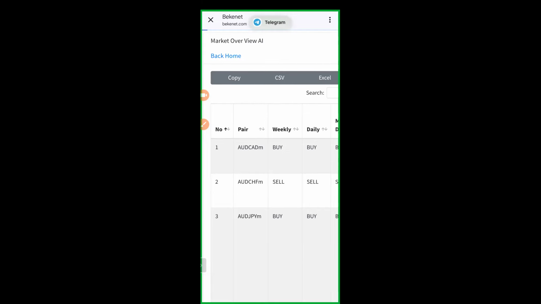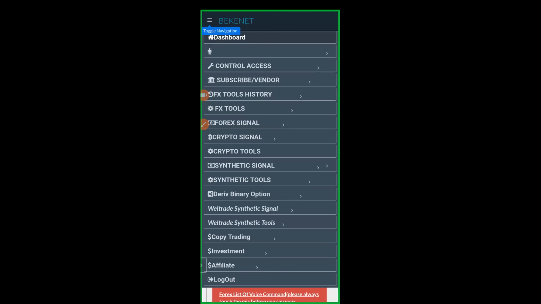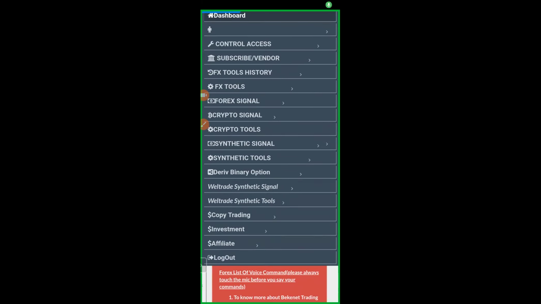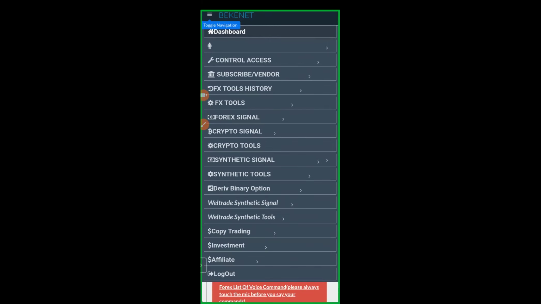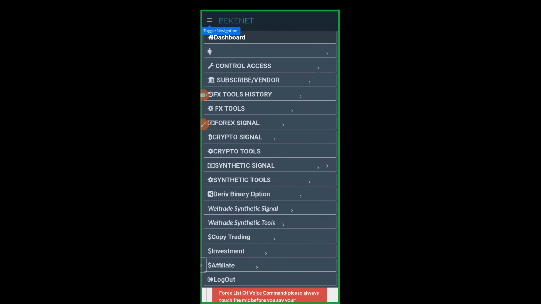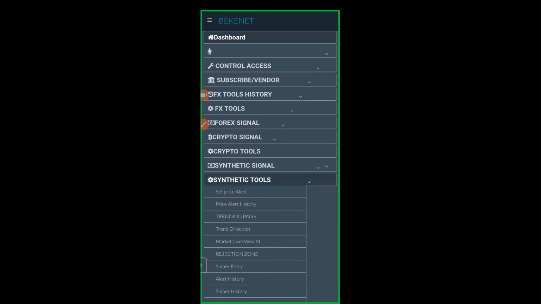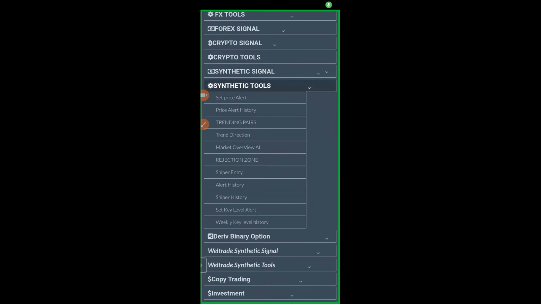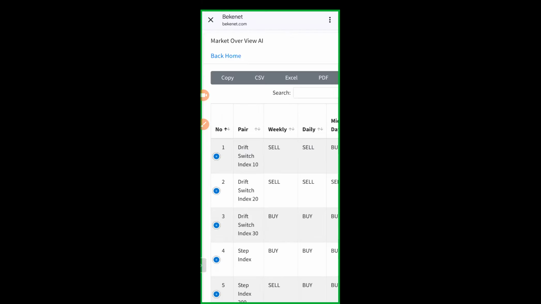So then, if I go back to the well-trade or derivative synthetics, this is derivative synthetics, the synthetic signal. Now, market overview. This is market overview.